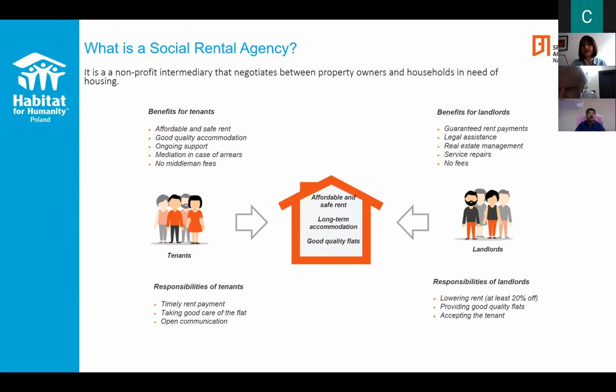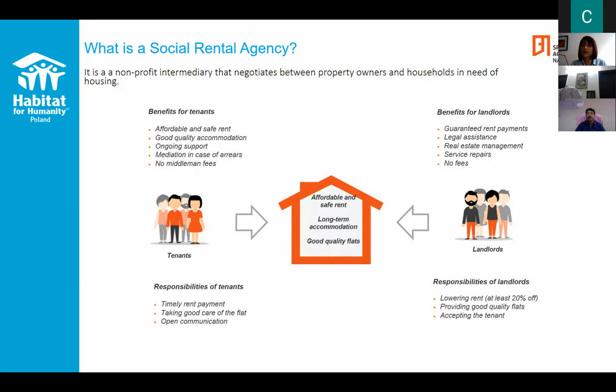The biggest thing for us is that we negotiate price with them. As we help tenants who are low income and medium income people, we need to make sure that the price we offer will be lower than on the market. That's the most important thing, and it's usually about 20–30% lower than on the market.